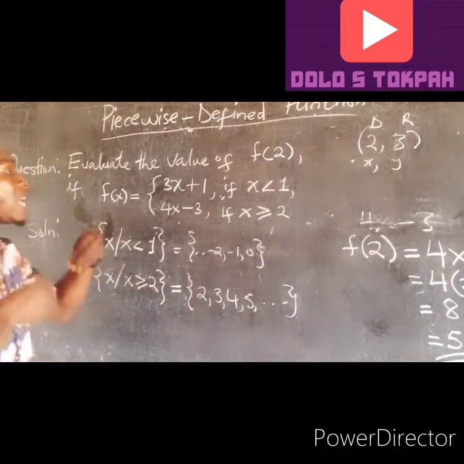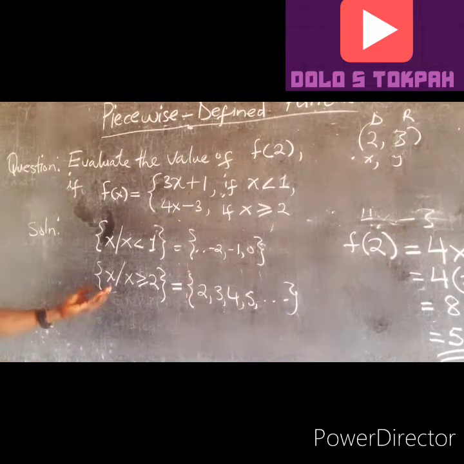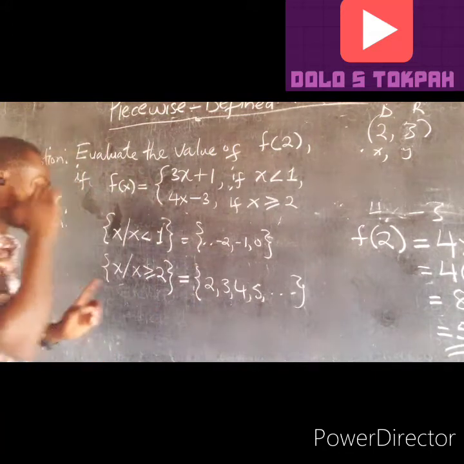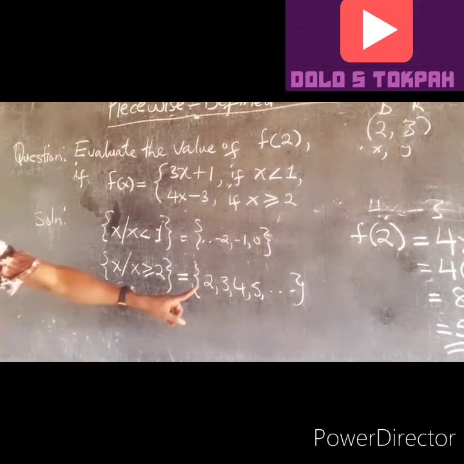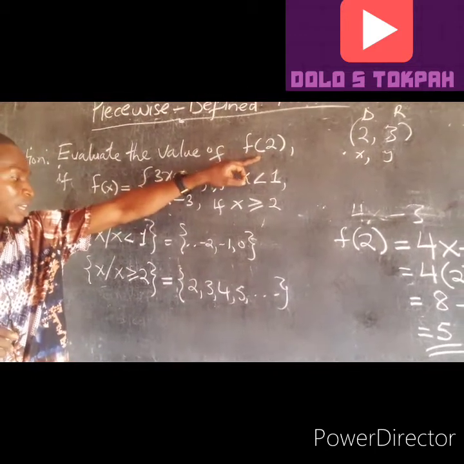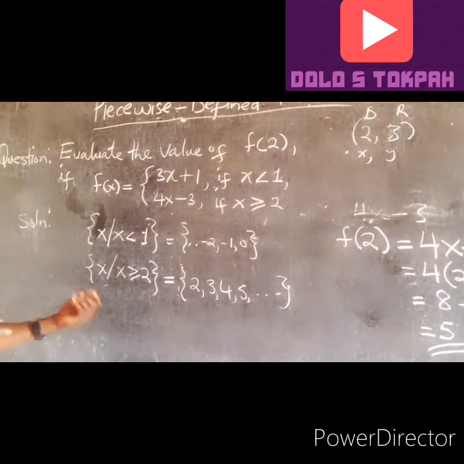Now, the second sub-function says 4x minus 3 if x is greater than or equal to 2. Since x is greater than or equal to 2, we interpreted the second function from set builder notation to a simple set. We identify that 2, which is the domain we are given in our problem, is found in the definition.